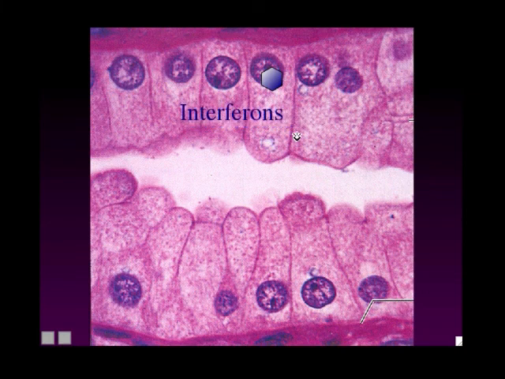And so those interferon molecules make cells strengthen their defenses against any virus, not any one particular strain of virus. And so those interferons are also considered part of the non-specific innate immune system.